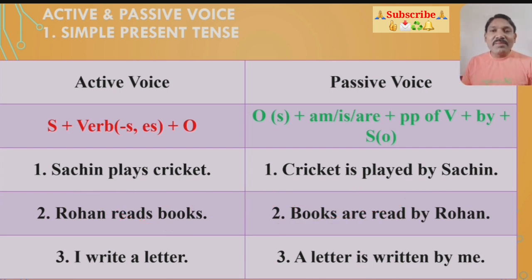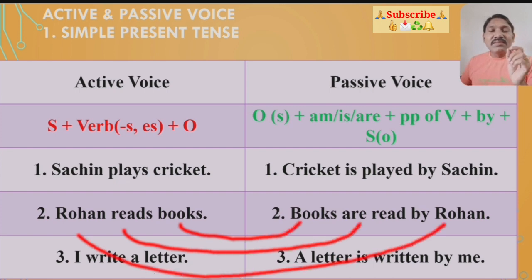Now the second example, one more example: Rohan reads books. Again this sentence is in active voice. The verb reads is in active voice because the doer of the action is Rohan here. When the subject is performing the action, that sentence is in active voice. So Rohan reads the book.